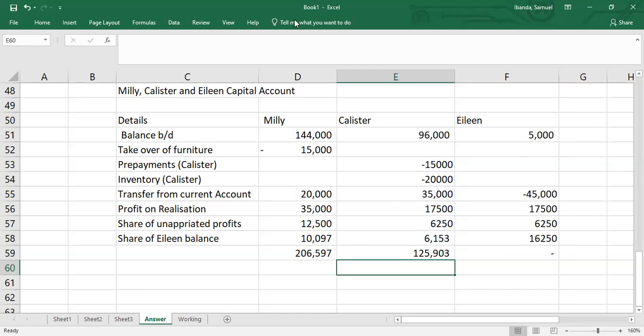Or any other question? Like I told you, you should not only concentrate on this, because there are several other questions you may need to look at. But when it comes to partnerships, there is another part that I would also encourage you to look at. Let me just show you.